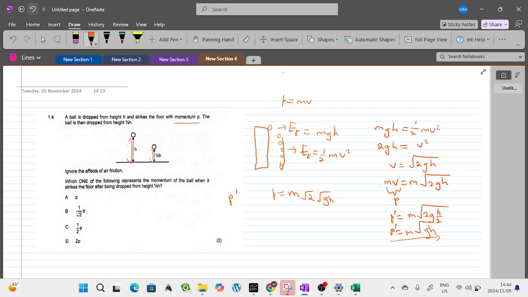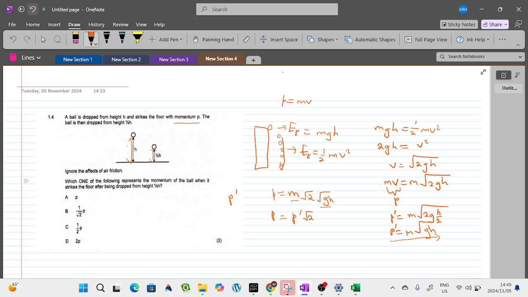When you look at m and gh, they are being multiplied together, so they equal this momentum p prime. So we can represent m times the square root of gh with p prime. Now we have root 2, which is not part of p prime. We are solving for this momentum p prime.